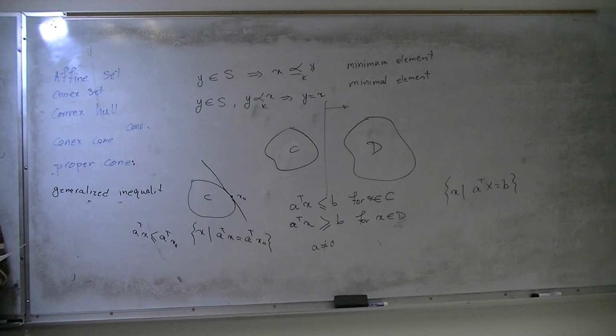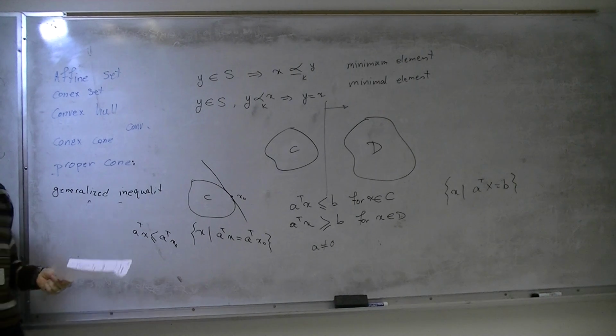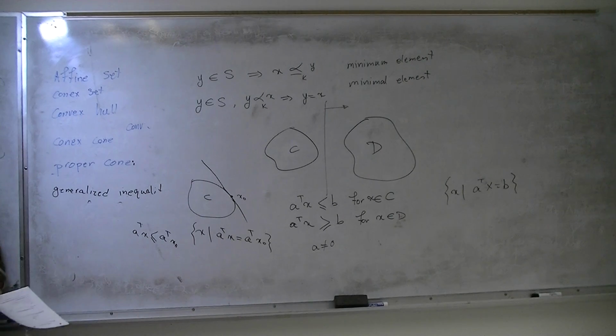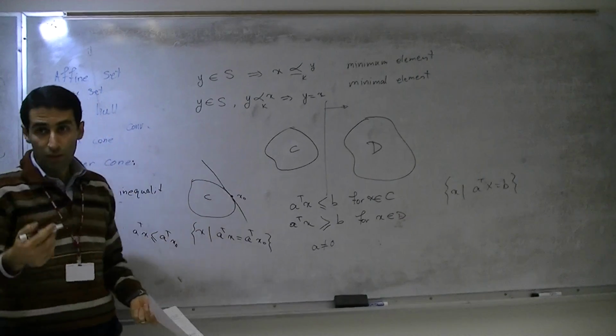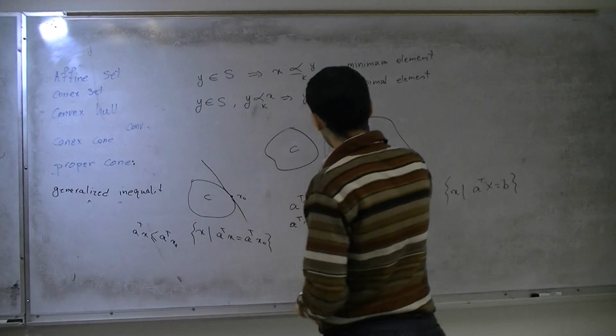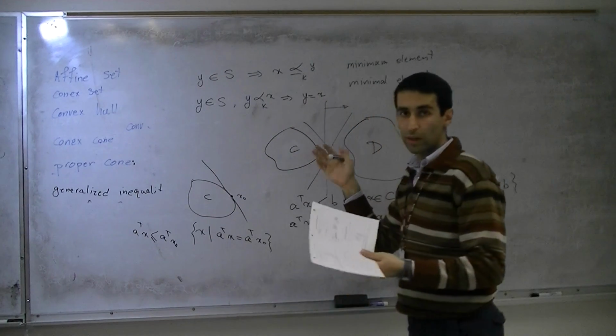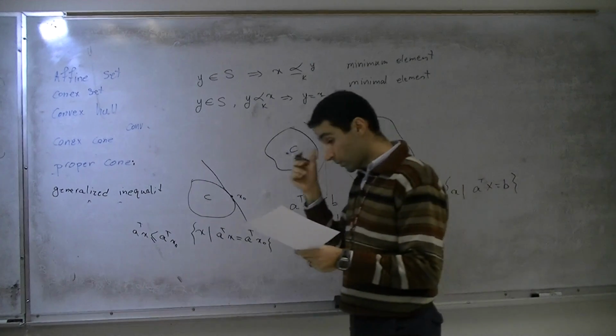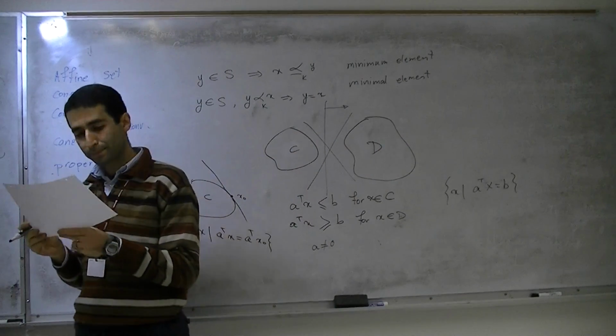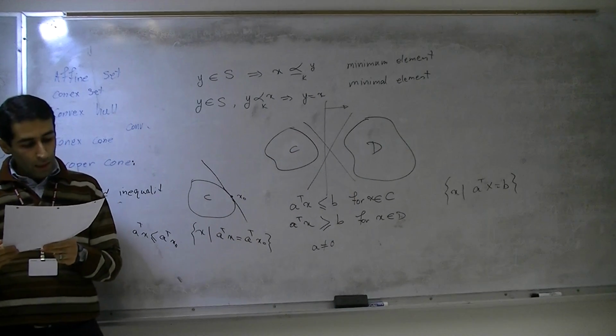If a supporting hyperplane with this property exists at all points of the boundary of a set, this set is convex. So can A be any matrix or should it be specific? There must exist at least one A, because sometimes we don't have a lot of choices. In this case, we have a lot of choices because we can select lines in many different directions. But sometimes it's not so.